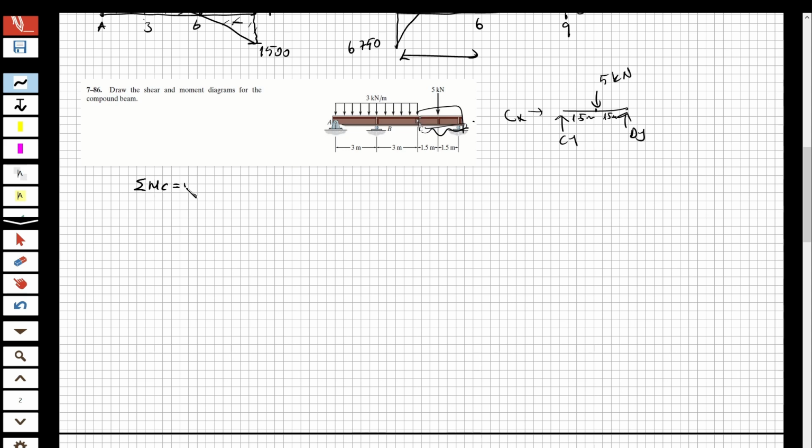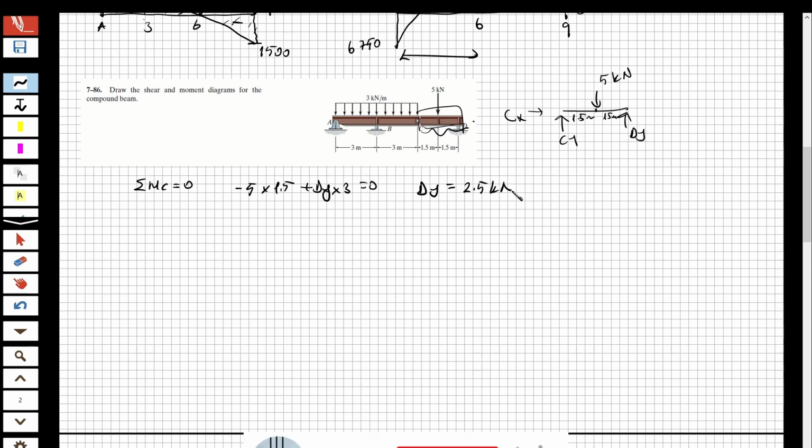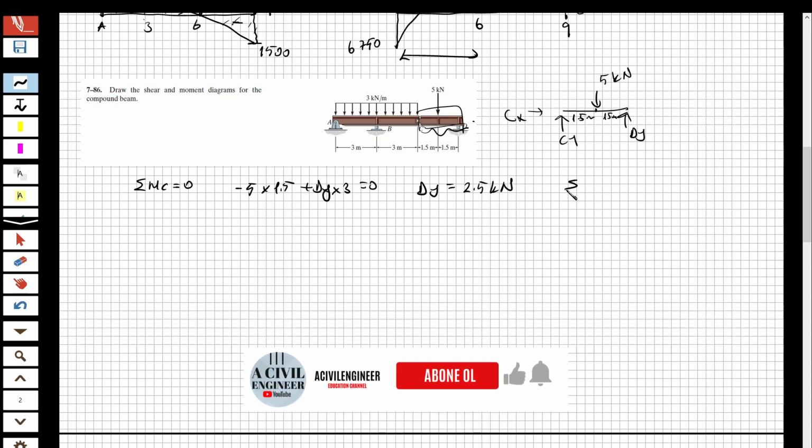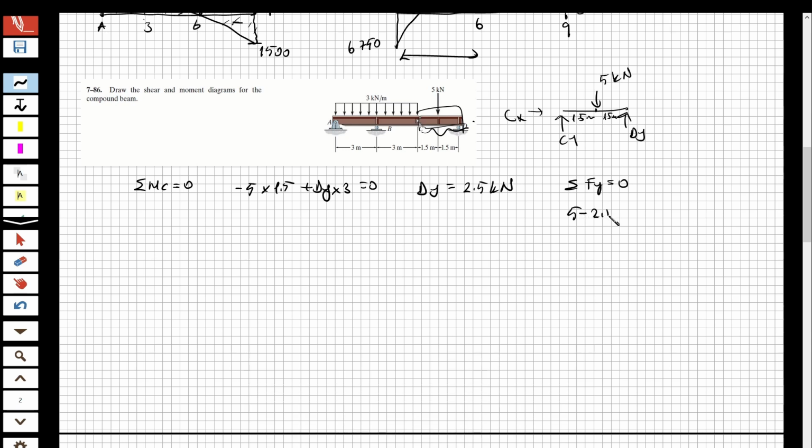Total moment at C is equal to 0, and minus 5 multiplied by 1.5, 5 is this one, and plus Dy multiplied by 3 equal to 0, and Dy is equal to 2.5 kilonewton. And from total Fy equal to 0, 5 minus 2.5 minus Cy equal to 0, and Cy is equal to 2.5 kilonewton. Now we obtained Dy and Cy.